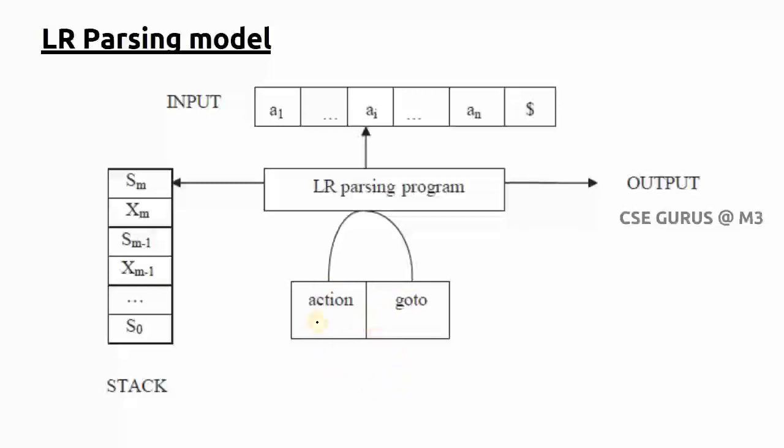After getting a table, you give an input string and check whether this string is accepted by the given grammar by using this parsing table and also the stack. So we'll get the output whether the given input is accepted or not. We'll see these things step by step.